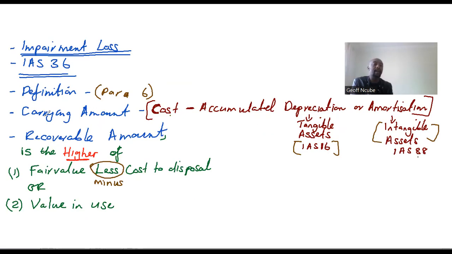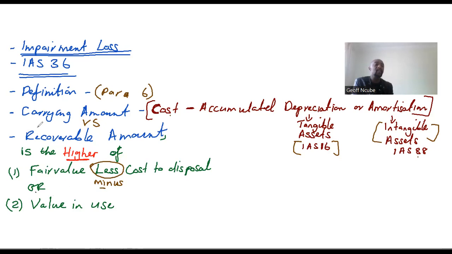So in other words, you are comparing the carrying amount versus the recoverable amount. For some of you, the recoverable amount is new, but carrying amount should be standard if you're doing accounting. The recoverable amount is the higher of fair value less cost of disposal, less the cost, so whenever you say less, it simply means minus, so the fair value minus the cost of disposal, or value in use.